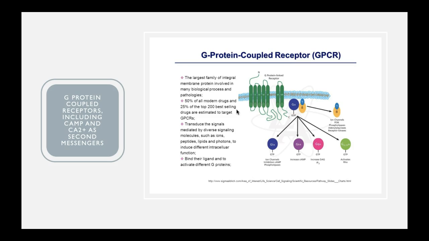G protein coupled receptors are the largest family of cell surface receptor proteins and are members of the 7 transmembrane receptor proteins. They play a major role in every aspect of cell communication, and the signal molecules that interact with and bind to these receptors are varied, just like the systems they belong to.